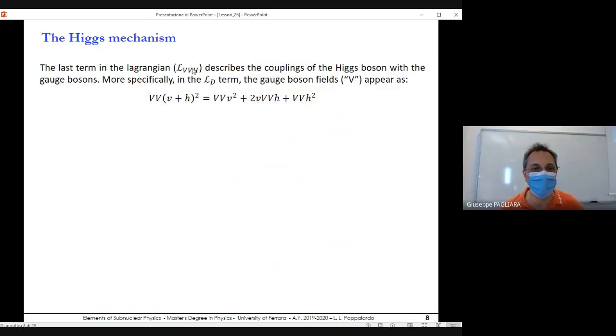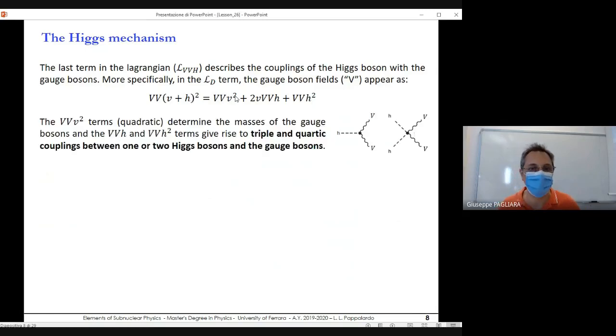Now, let's see what about all these other additional higher order terms, so third order and fourth order. Those terms, if you remember from what you have in your notes, are of this type here. So we have two gauge bosons, either W1, W2, W3, or the B, and then we had the (v + H) squared. Okay, so we have these three possible terms. For the mass business, we only consider the first one, which is indeed pure quadratic in the field, and then we have just a number here.